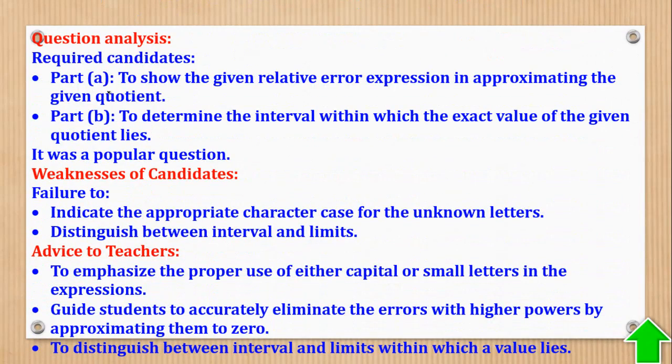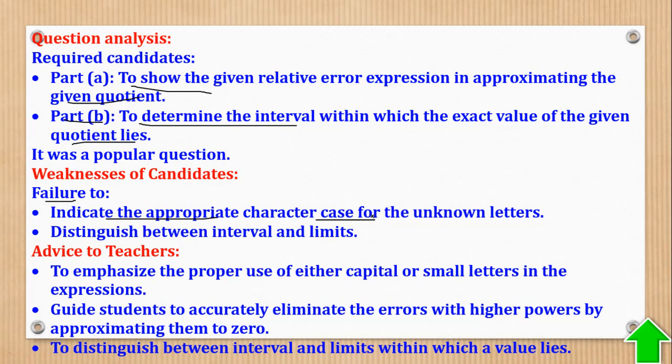So part A required candidates to show the given relative error expression in approximating the given quotient. And part B required candidates to determine the interval within which the exact value of the given quotient lies. Weakness was failure to indicate the appropriate character case for the unknown letters.